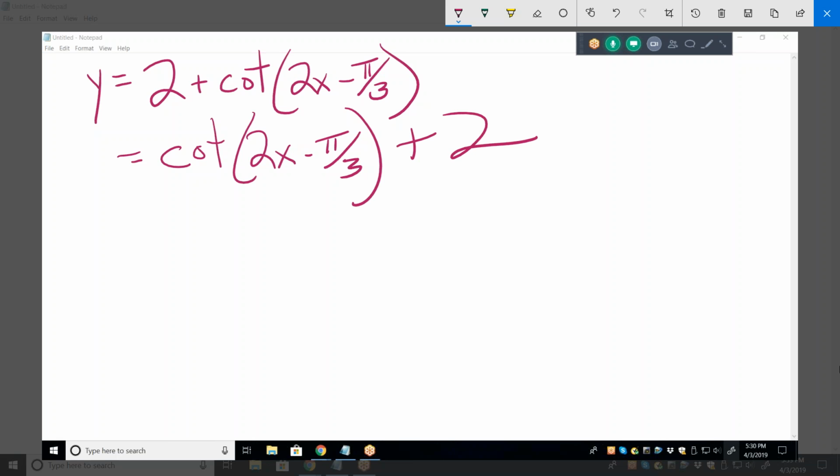What's B? Pi over 6. Well, you're close. You got the right idea. The real key question is in your general format, is the B in front of the parentheses or inside the parentheses? Inside.